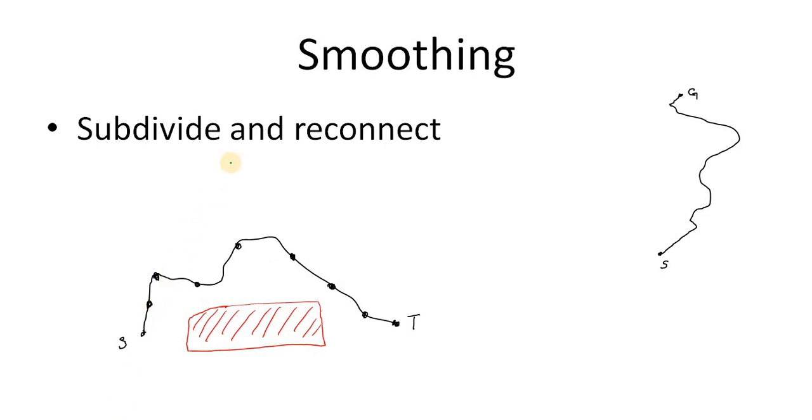Now this technique, subdivide and reconnect, takes any 2 points on the path randomly and connects these 2 points, and if there is no collision, then it permanently joins these 2 points.